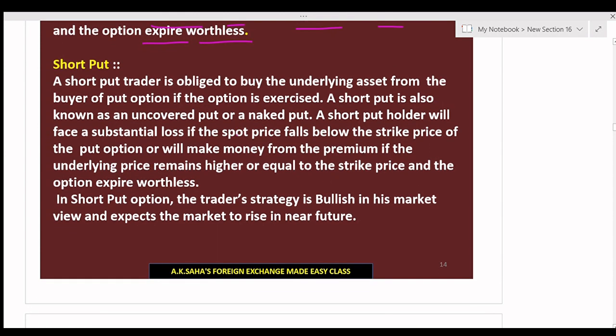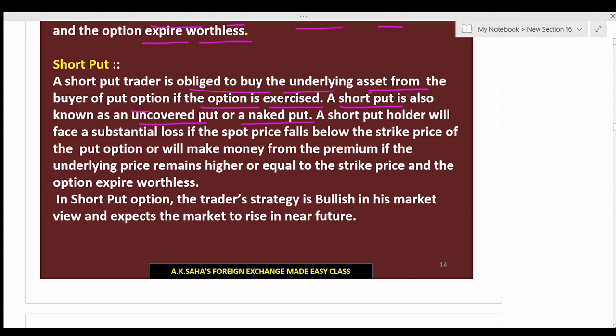Short put. A short put trader is obliged to buy the underlying asset from the buyer of the put option if the option is exercised. A short put is also known as an uncovered put or naked put.